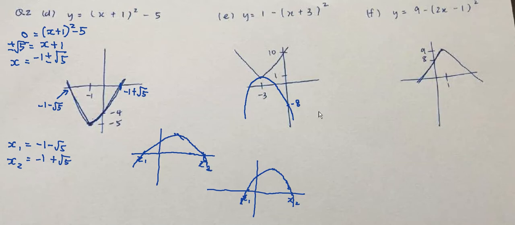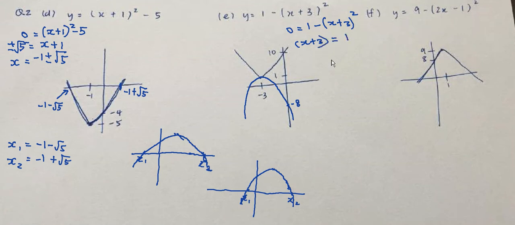Now let's look at this. Let's find the x-intercepts. Teacher drew this because this is the correct curve, and this one is wrong. Similarly, when y equals 0, move this to the left hand side.